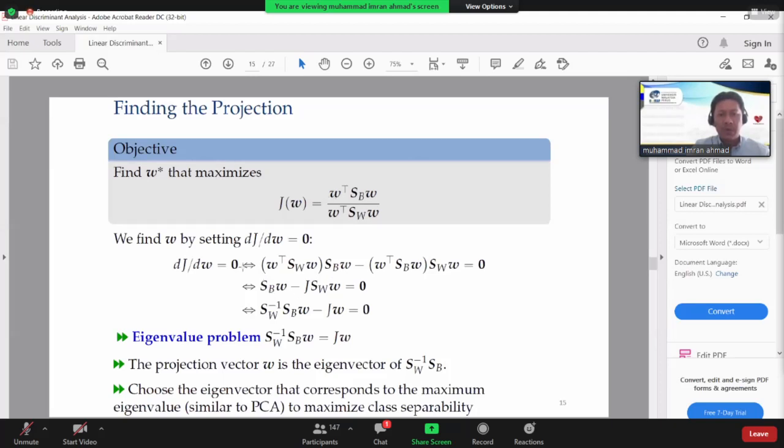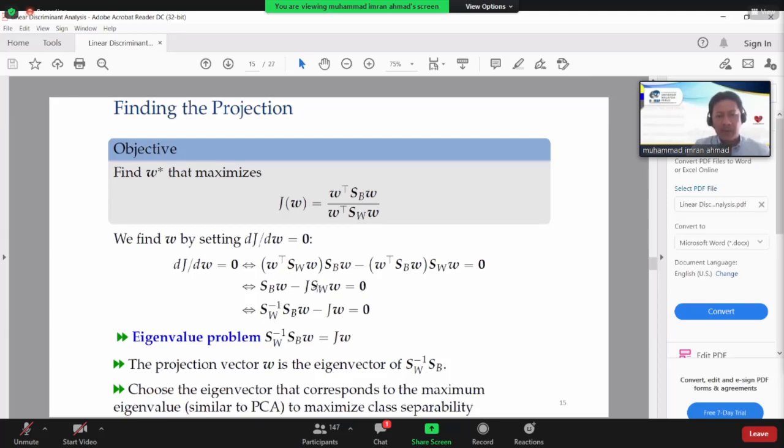For this one, you will get SBW, W transpose SWW, minus W transpose SBW, SWW, equal to 0. And then you just rearrange this: SBW minus J SWW equal to 0.